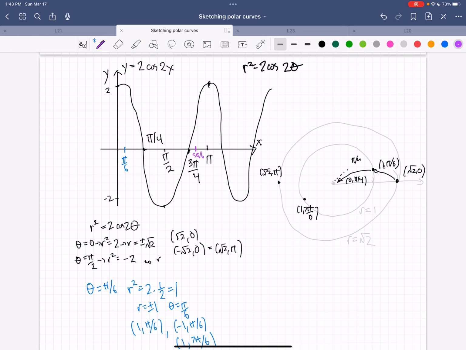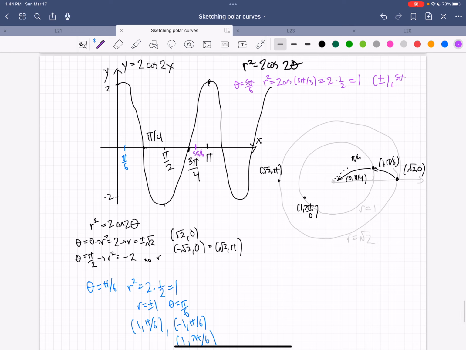When theta is equal to 5 pi over 6, r squared is equal to 2 cos 5 pi over 3, which is 2 times 1/2 again. So we get more that are 1, meaning r is plus or minus 1 at 5 pi over 6.